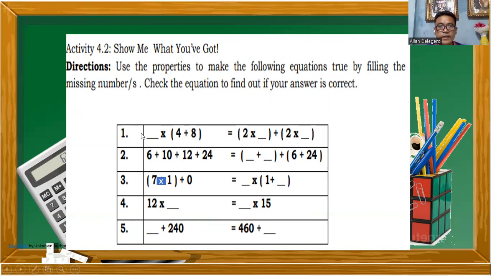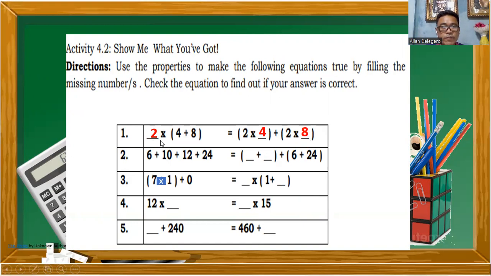So for number 1, what are the missing numbers? Here is 2. Then here is 4, 8.